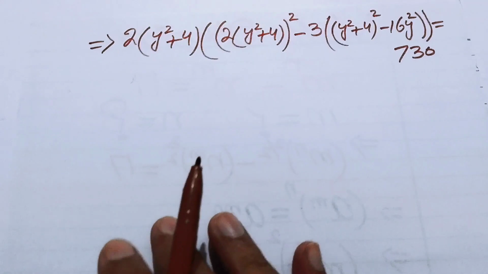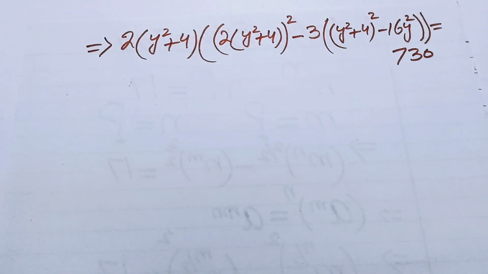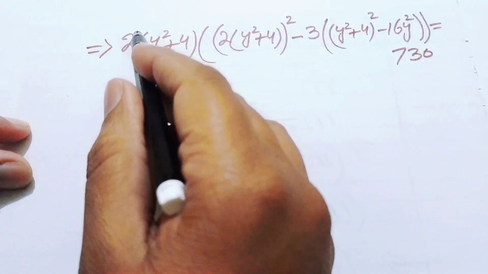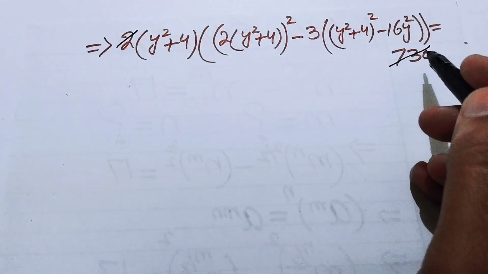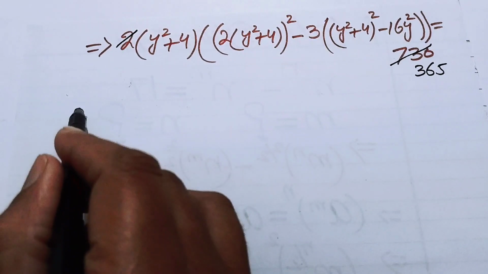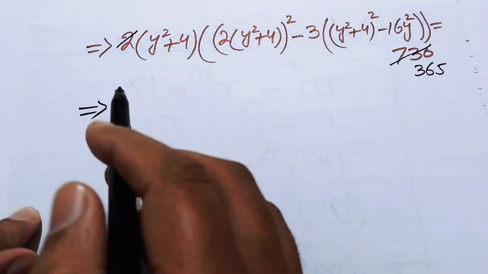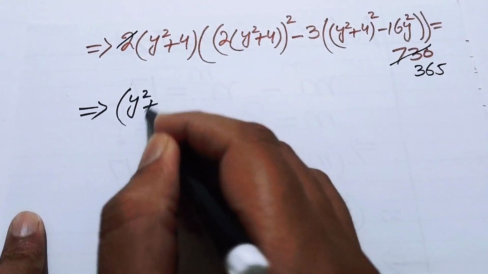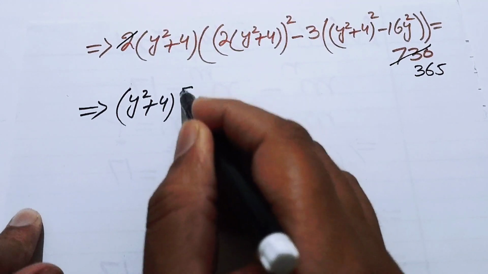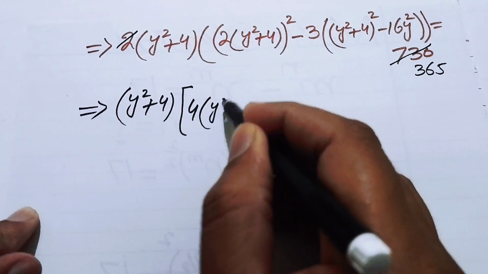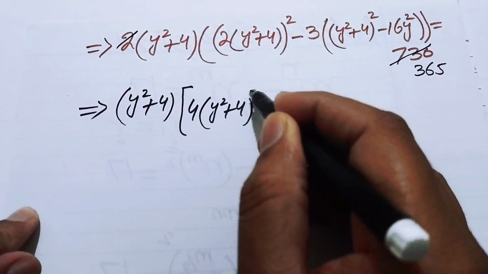So now we will move to the next step. First we move this 2 to the right hand side, and you will cancel this 2 by 730, and it will equal 365. In the next step we have y squared plus 4, I can just write it as it is, y squared plus 4, and here we have 2 squared equals 4 times y squared plus 4 and its whole square.